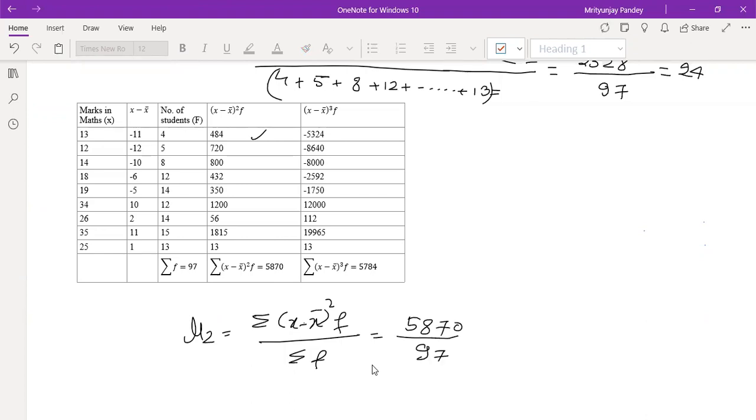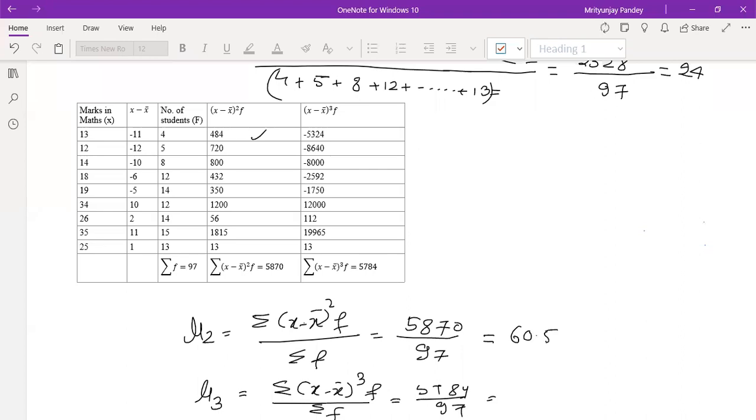Tell me the answer. And mu3 is nothing but summation of x minus x bar the whole cube into f divided by summation f. This is equal to 5784 divided by 97. What is the first answer? Mu2 is 60.5. Second answer?